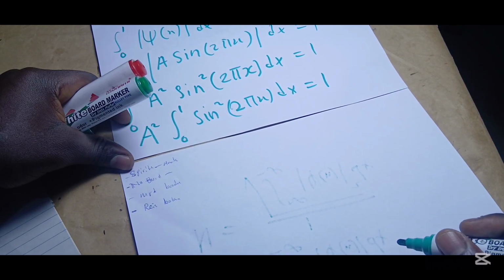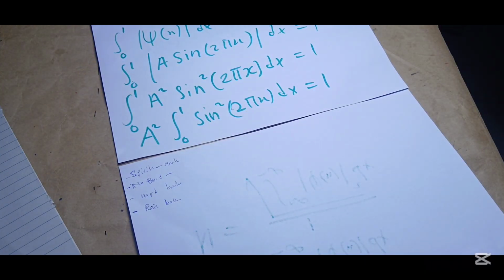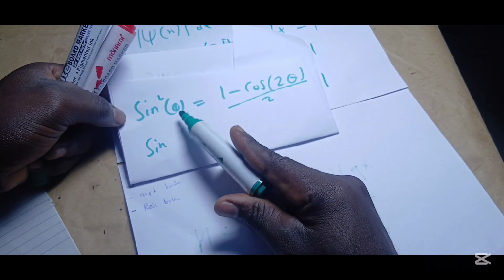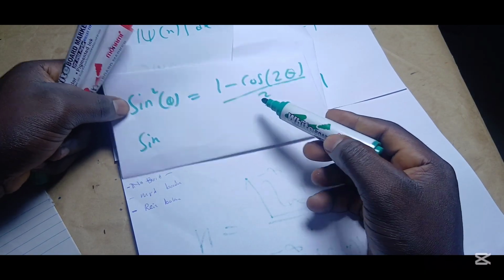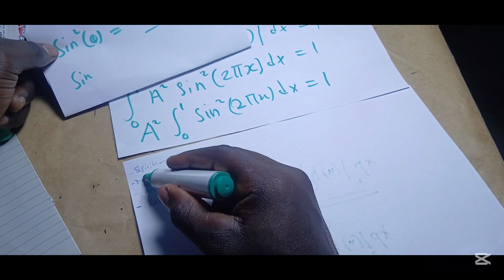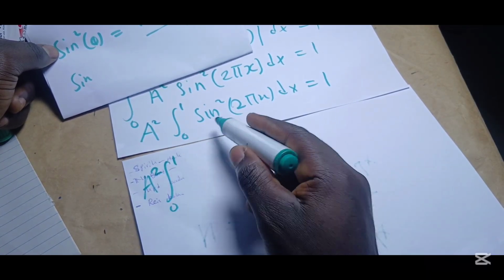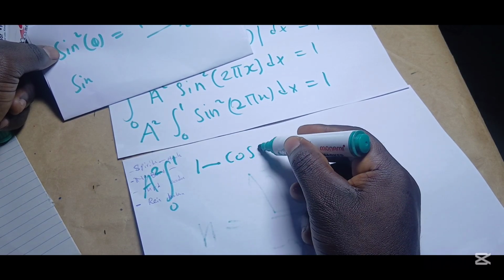Now what do we do next? We want to integrate sine squared 2 pi x. To do so, we are going to use the reduced angle formula in trig. We know that sine squared theta equals 1 minus cos 2 theta over 2. So sine squared can also be written as 1 minus cos 2 theta.